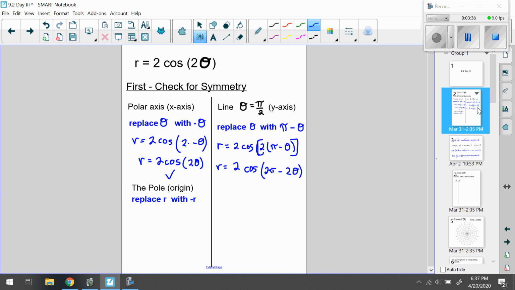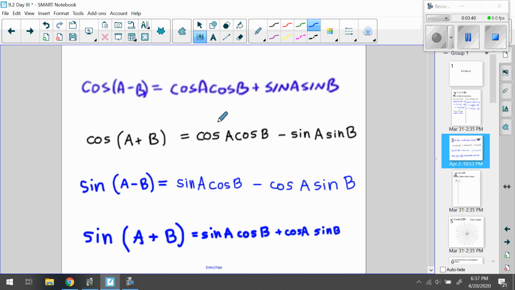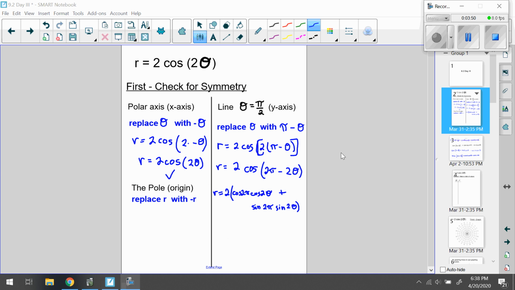Since it's the cosine of a difference, it looks like we're going to use this first one here. So we'll do cosine of the first angle, cosine of the second, plus sine of the first, sine of the second. All right, so that looks a little something like this. And then cosine of 2 pi is 1. So that leaves me with r equals 2 times cosine 2 theta.